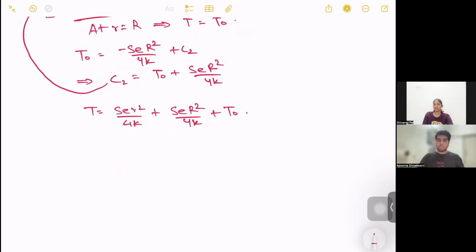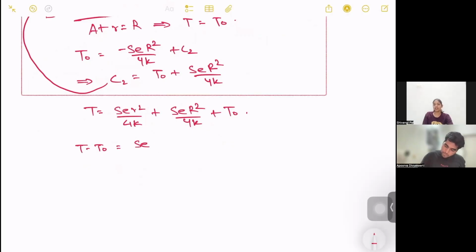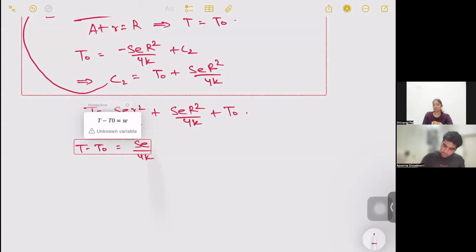We'll take T naught to the left hand side and we'll take S_c R square by 4k common. So after substituting and rearranging the equation, what we'll get is T minus T naught equal to S_c capital R square by 4k, in bracket, 1 minus small r by capital R, the whole square.